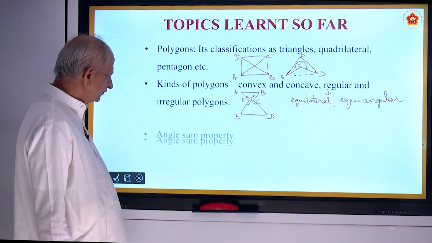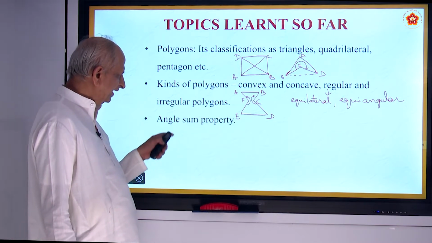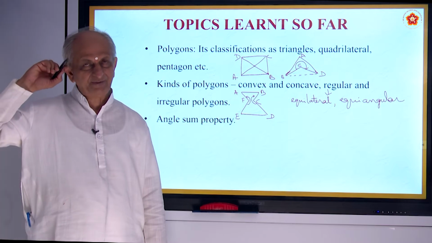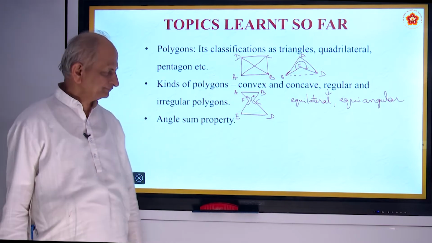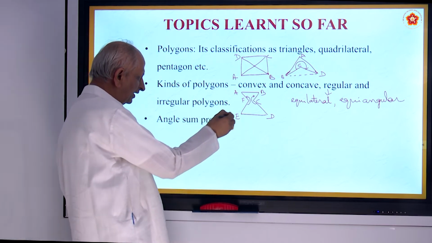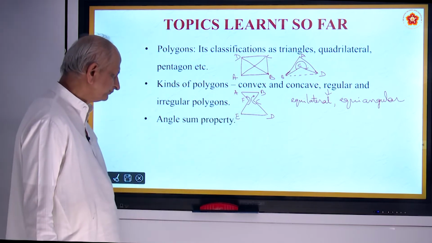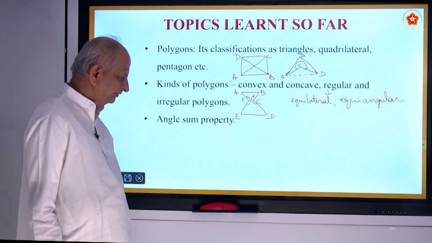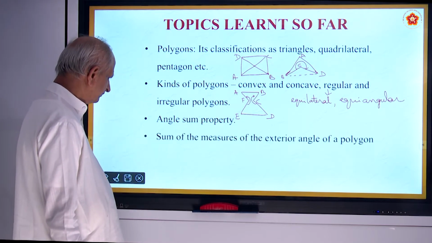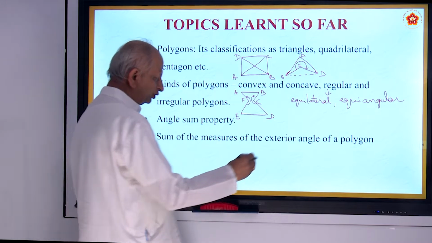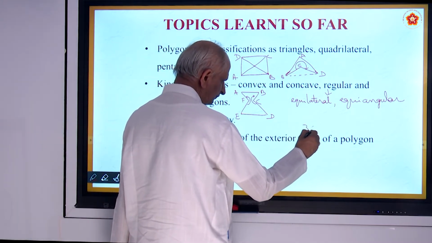Also we have seen about angle sum property. In a given triangle, the sum of the angles is 180 degrees. Is it not? And for a quadrilateral it will be 360 degrees, and for a pentagon it is 540 degrees. Like that, we have the sum of the angles. The sum of the measures of the exterior angles of a polygon is equal to 360 degrees.